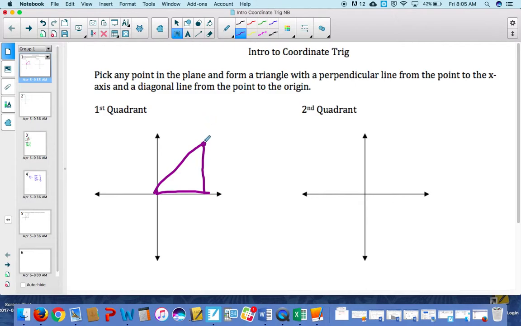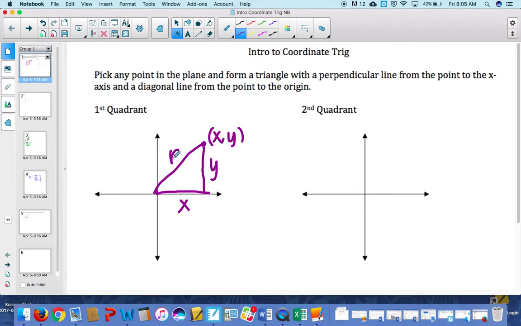So this ordered pair that I just picked, we all picked different ordered pairs, has a value of x, comma, y. It was so far over to the right and so far up from the axis, which means this triangle that we have drawn here has a height of y, a length of x, and this line here from the origin is going to be r.